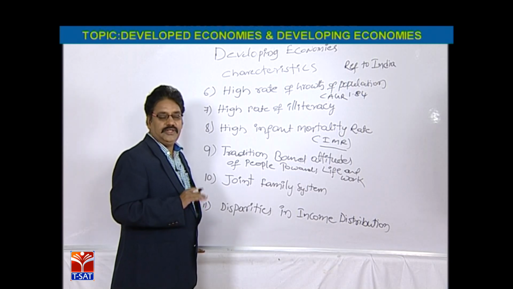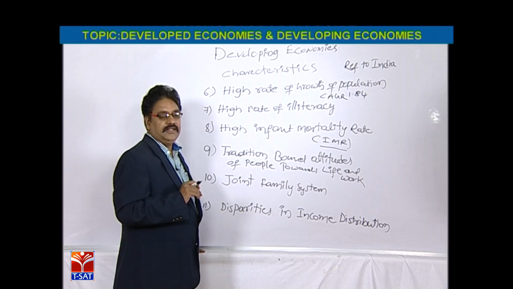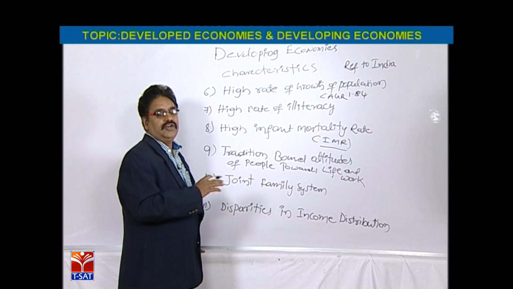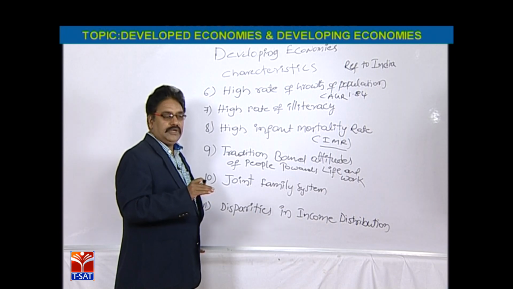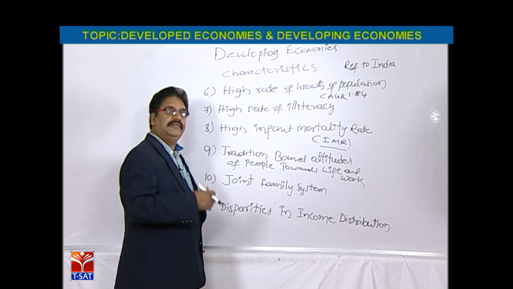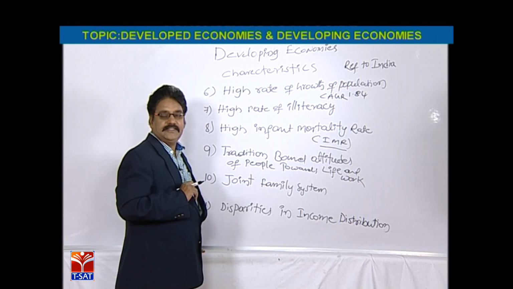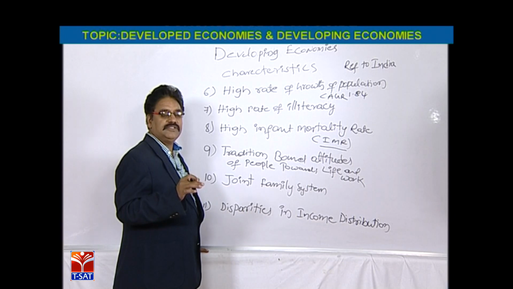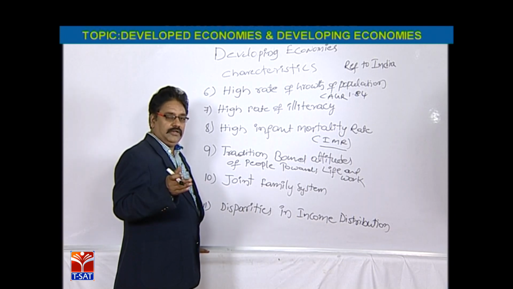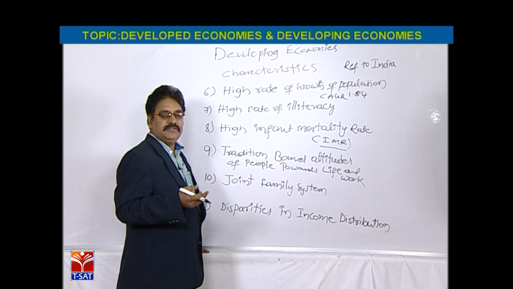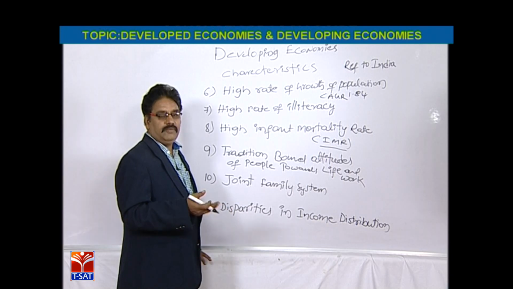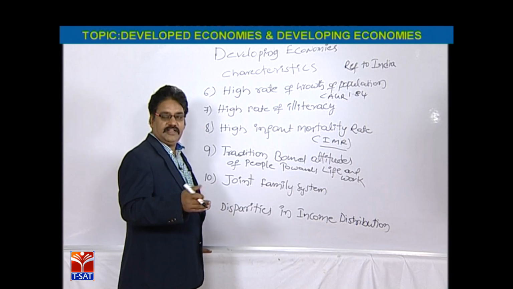They work only within their radius because of the joint family system. They won't depart from their family or travel far for work. This family system also affects the country's development. The joint family system encourages sharing of earned income, which one or two persons in the family earn.